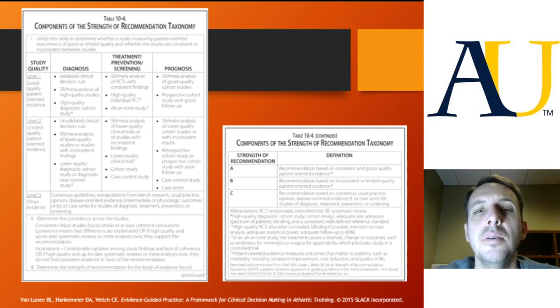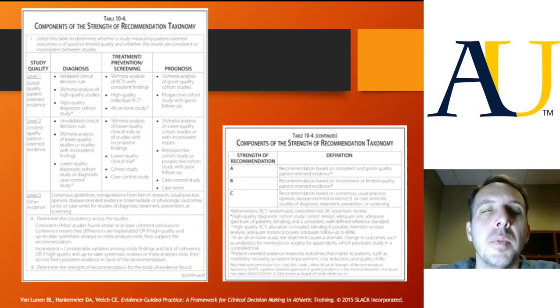Compare that to a study assessing, say, increases in range of motion, or even better yet, healing or functional activities, which would be more patient-oriented.